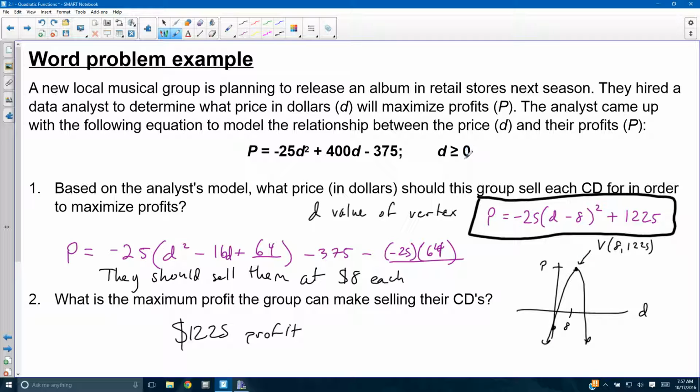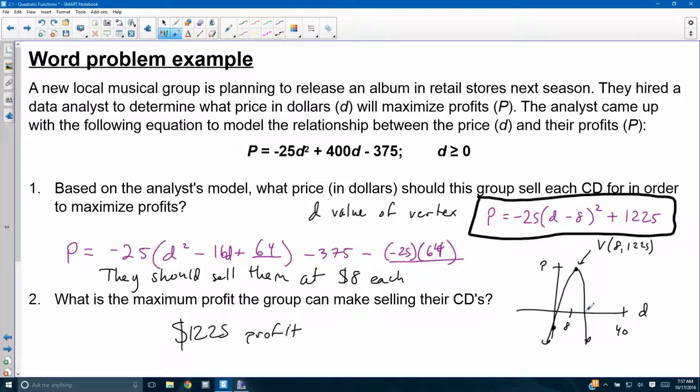Now, domain is greater than or equal to 0 here because you could sell it for free. And notice if you sold it for free, you'd be $375 out. Or you could set it for something larger, but you can't pay the customers to buy your CD. Well, I guess you could, but don't expect a profit by doing it. Your domain could go farther out, like I could set price points at like 40, but you're going to be losing a lot of money.